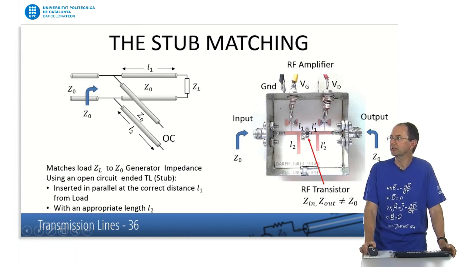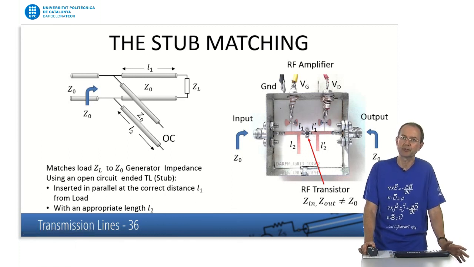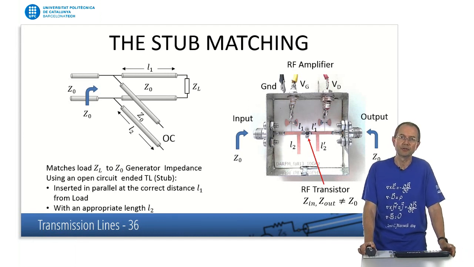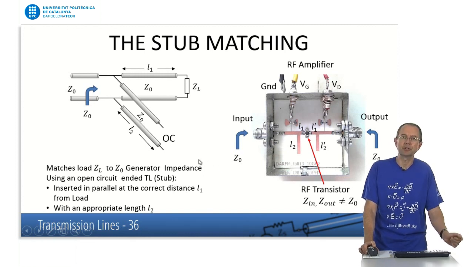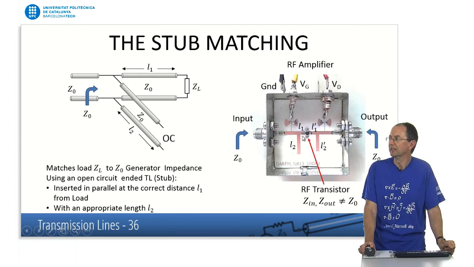We have one matching network at the input of the transistor, and exactly the same technique at the output of the transistor, because the output of the transistor is also not matched to the impedance Z0 of this transmission line. So we do the same two times, two calculations, two different values at the input and at the output. So we have 2 degrees of freedom. We have to calculate the length of the stub, and we have to connect it precisely at the right distance from the load, this L1 parameter.